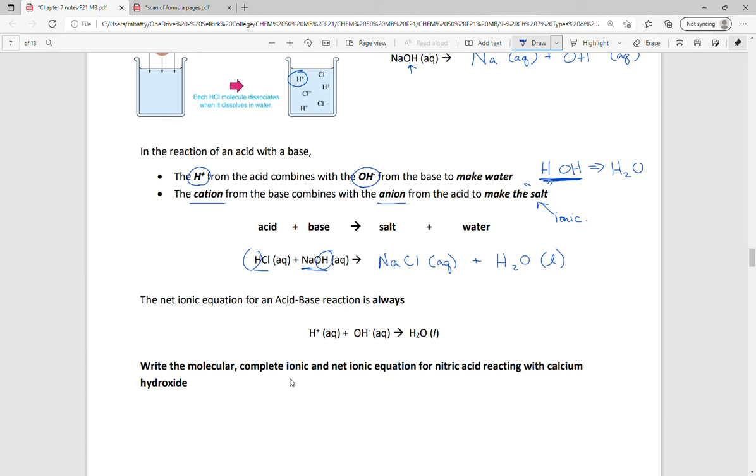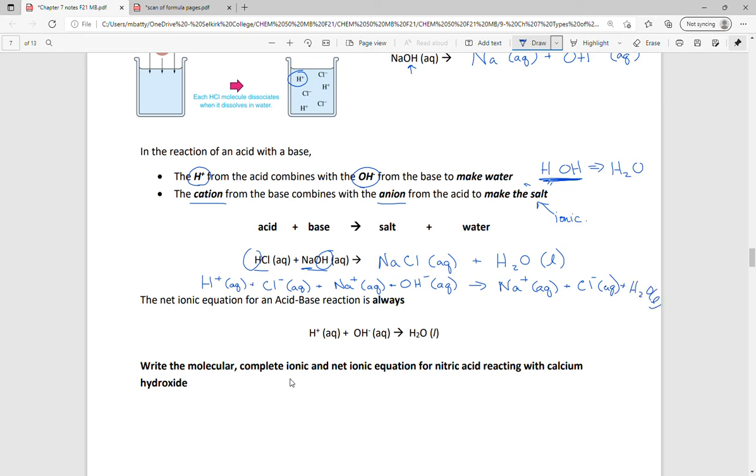If we were to take a minute to write out the full ionic equation here, we'd have the hydrogen ion. I didn't start far enough over to the left. And the chloride ion, the sodium, the hydroxide, the sodium, the chloride ion, and thank goodness, so out of space, H2O.